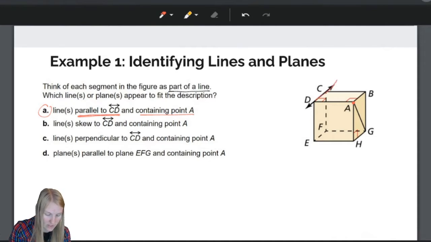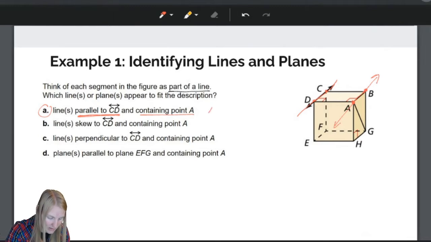Well, here's CD. To be parallel means that I need to be in the same plane. So the plane made up by these 3 points is this plane. It's the top of the box, which means that in order to stay in that same plane, this will be my parallel line.